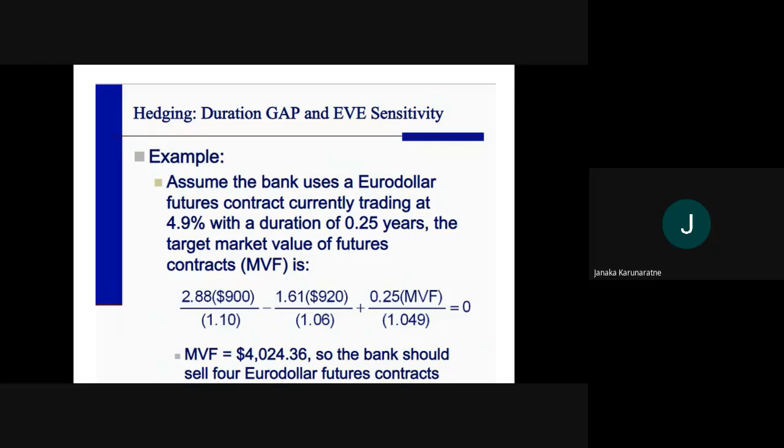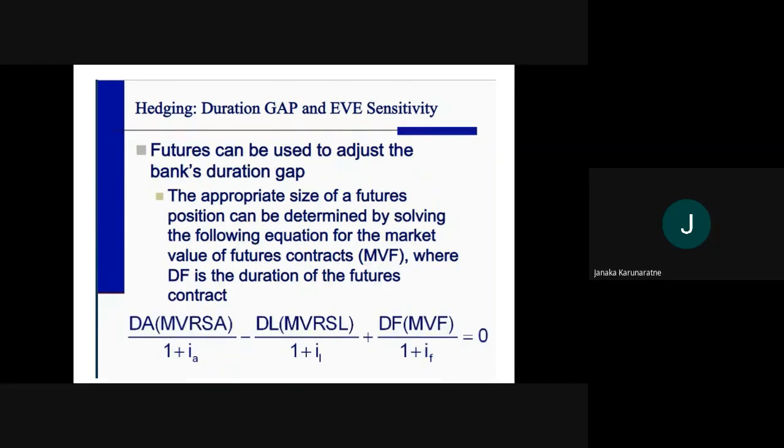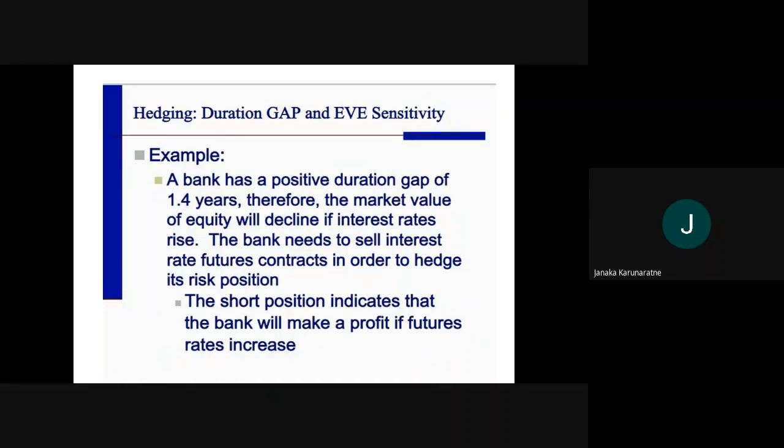So it's pretty straightforward. If you know your numbers in the balance sheet, you can do macro hedging so that you can identify a particular financial futures contract, and you can decide whether you should sell or buy depending on the position. If the interest rates are going to go up, what happens? You will sell futures, and if the interest rates are going to come down, you will buy futures so that you can cover up your position. Okay.